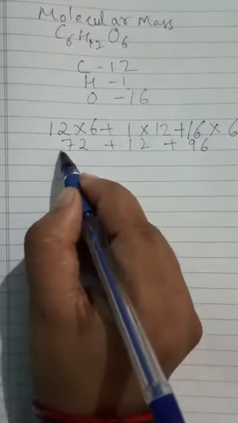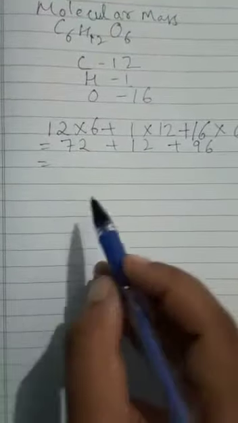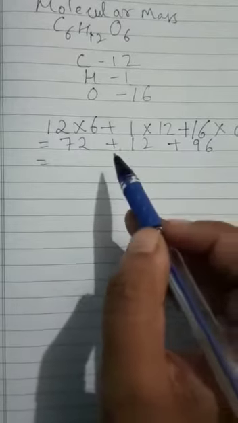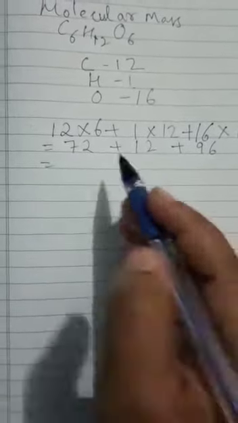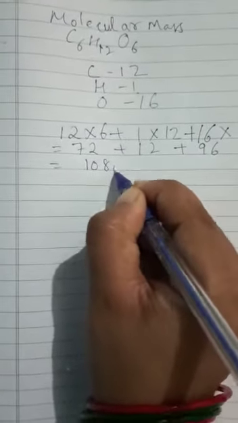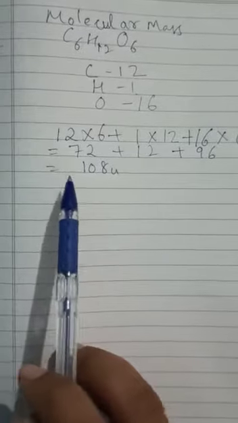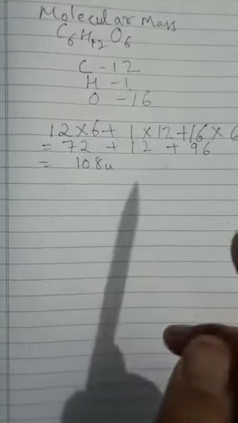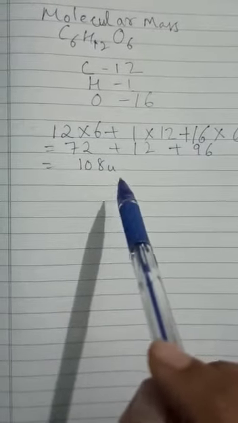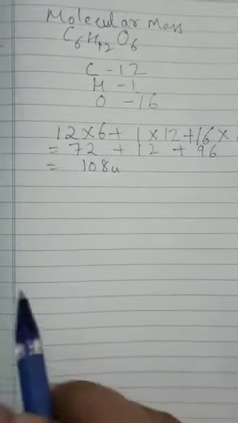Then we will add all of them, and after adding we will get 180 units of mass, which means the mass of one molecule of glucose will be 180 units. This is how we calculate the molecular mass.